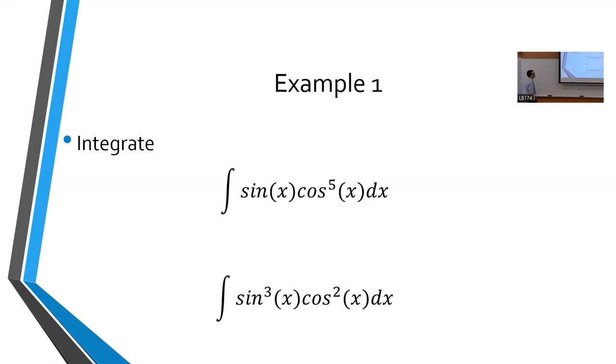So let's take a look at how to integrate using substitution a couple of these problems. We have sine x times cosine to the fifth x dx. And then we have sine to the third times cosine squared.